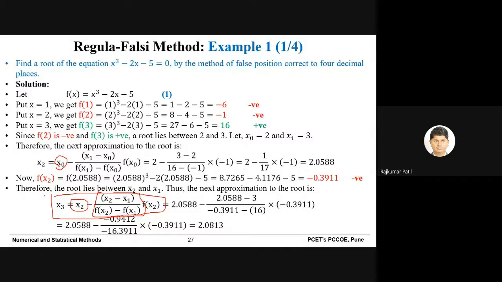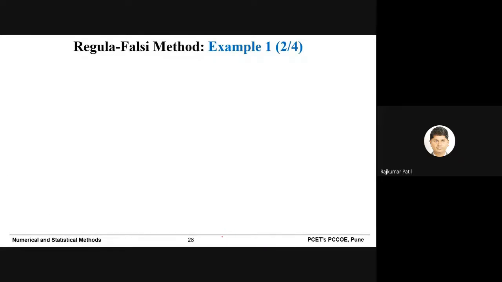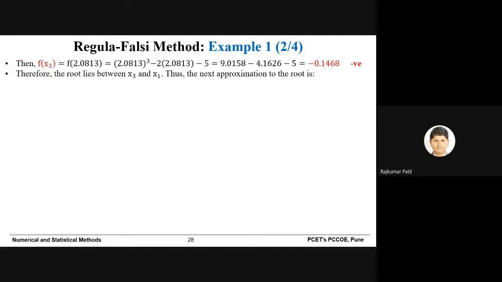Okay, then again we will come back to our problem. So we got x3 as 2.0813, and for this we put the value of x3 in equation number 1 and calculate f of x3.